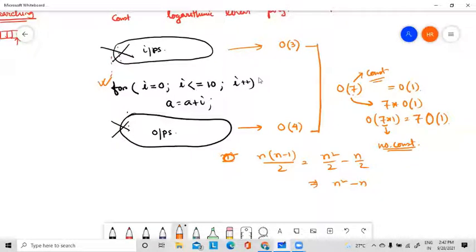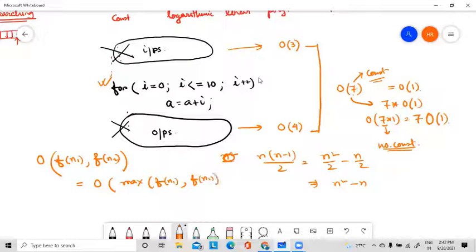And then the next property of big O notation is, if there are two different functions, fn1 and fn2, and we want to calculate the big O notation, then it will be provided like this: max between fn1, fn2.